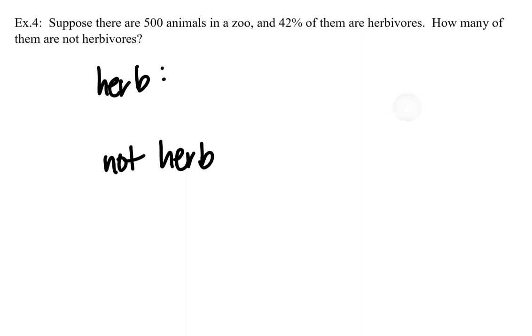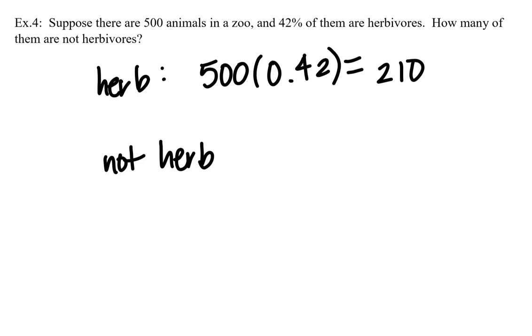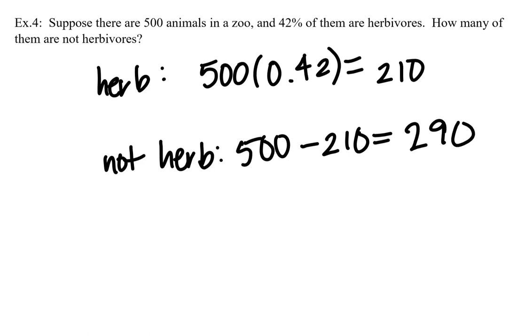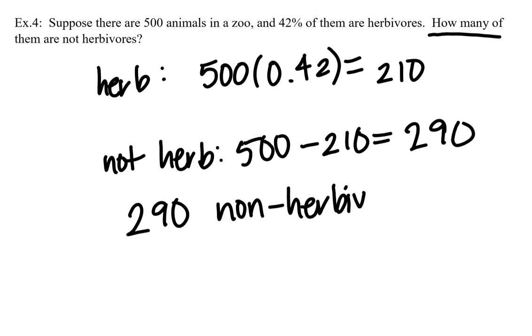We're going to take 42% of 500, and you end up getting 210. And for the non-herbivores, you're going to take 500 and subtract the herbivores, and you get 290. Here the question is not asking for a ratio, they're just asking for how many. So the answer would just be 290 non-herbivores.